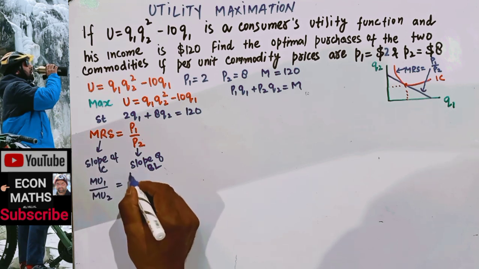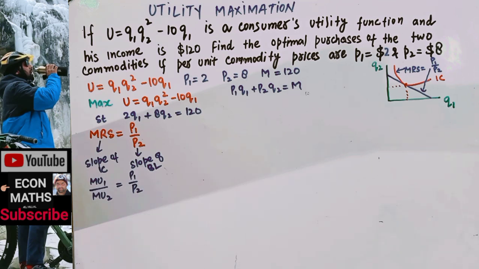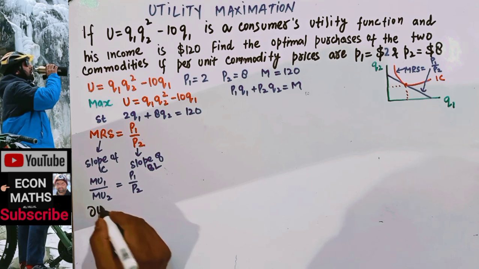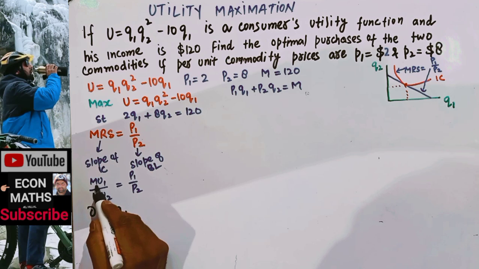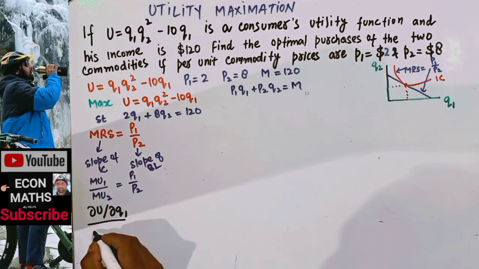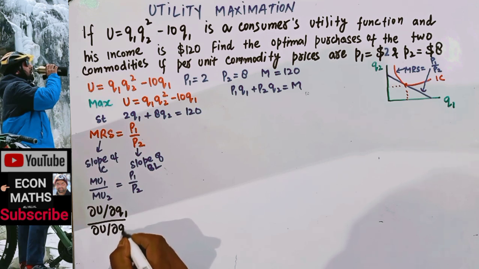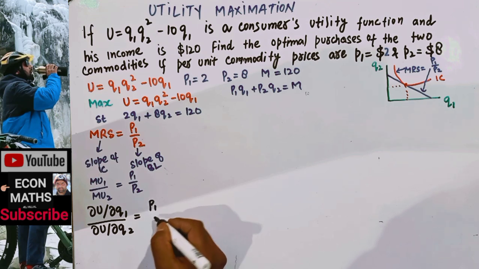MU1 means the partial derivative of the utility function with respect to good Q1, divided by MU2, the partial derivative of the utility function with respect to good Q2, and it should be equal to the ratio of the prices, P1 upon P2.